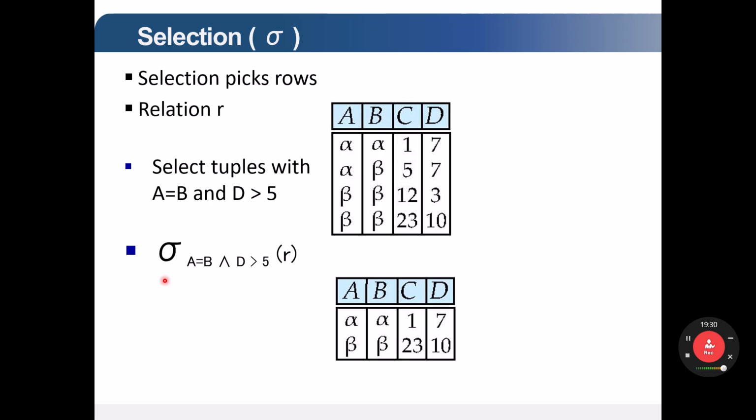And in algebra, we put that predicate as subscript of this small sigma symbol. Okay, and this is a unary operator. It doesn't need two sets. It needs only 1 set. So that 1 set should be included inside the parentheses here. This is how we write the selection operator in the algebra.